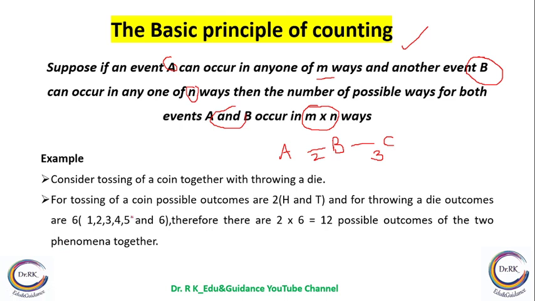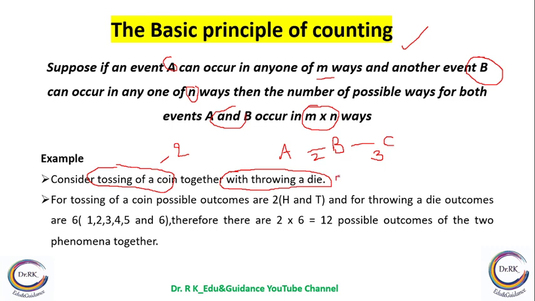Now, for example, suppose one is tossing a coin and another is throwing a die. One is tossing a coin, the other is throwing a die. If we take tossing of a coin, that can be done in two ways; our possible outcomes are two.